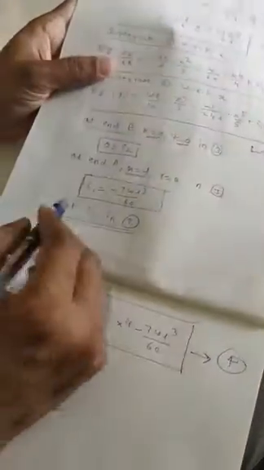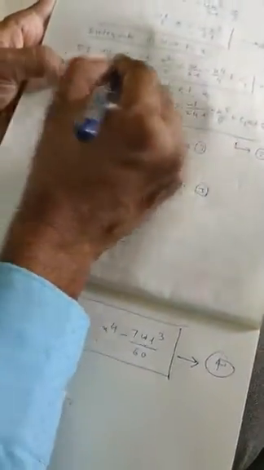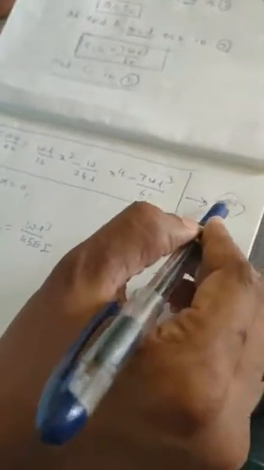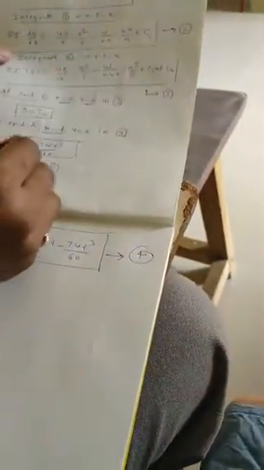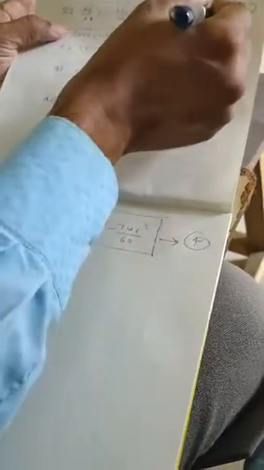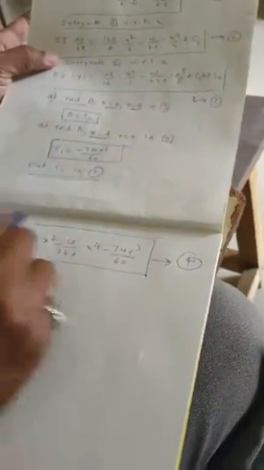Let us put this value of C1 back in expression number 2. Do it mathematically, and it will be expression number 4. So this is our general expression after putting the value of C1.